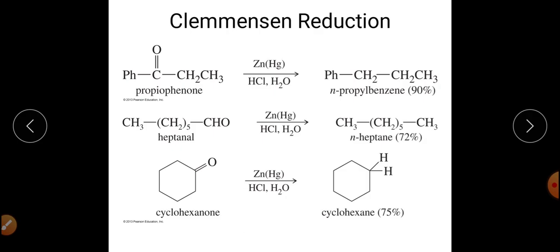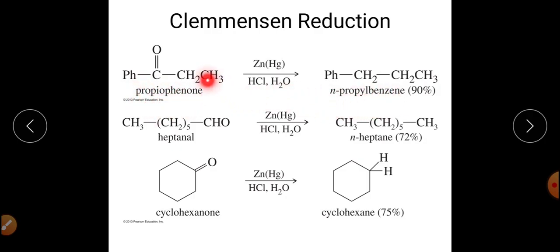So C double bond O will get converted into CH2, right? So that converts it into a hydrocarbon. By using this method, we can convert our aldehyde or ketone into hydrocarbons. So this is a very good method to prepare hydrocarbons.